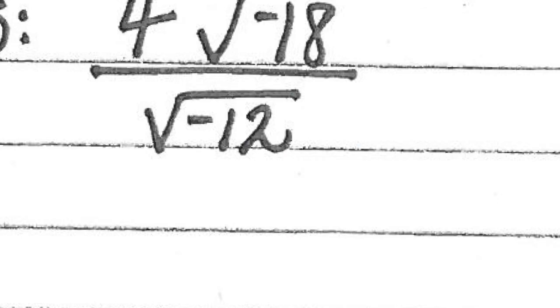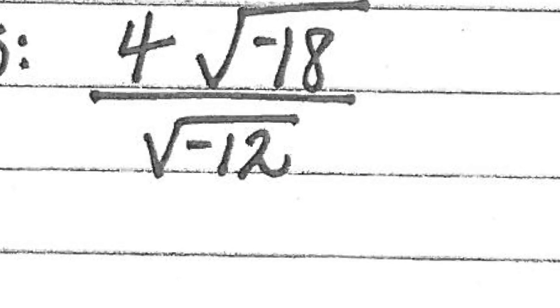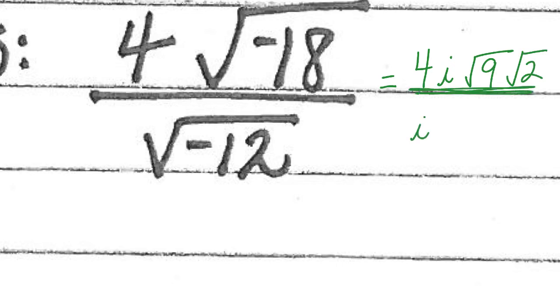All right, 2 more questions here. You can barely see this one. If I have 4 root negative 18 over the square root of negative 12, we can break this one up the same way we did everything else. I'm going to take that i out. I know 18 has 9 times 2. With the negative 12, I'm going to take an i out.